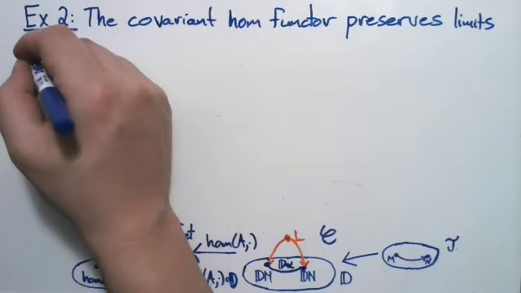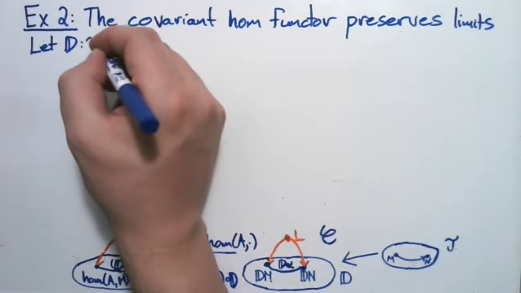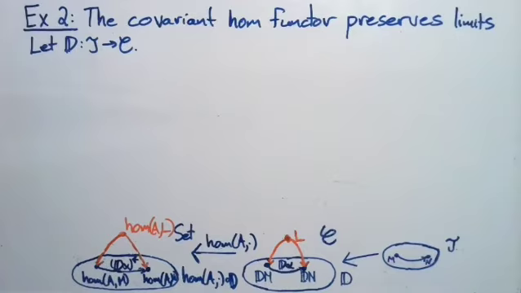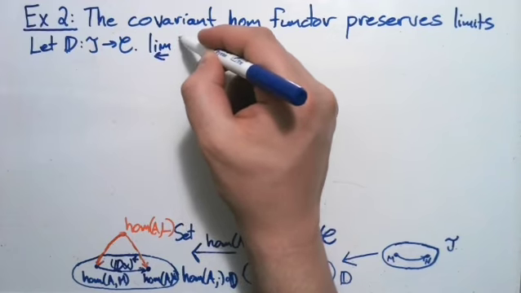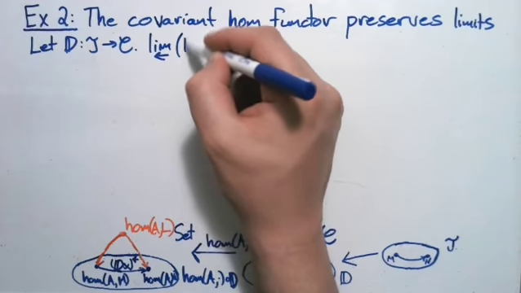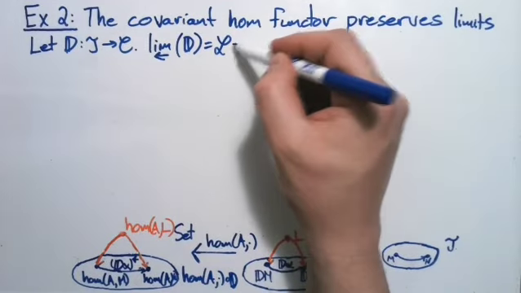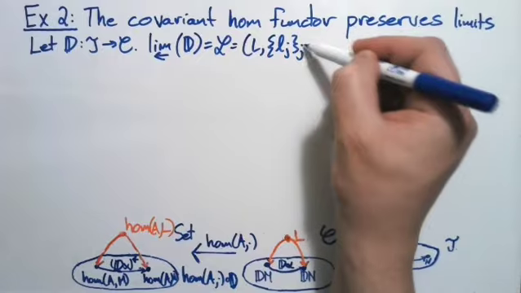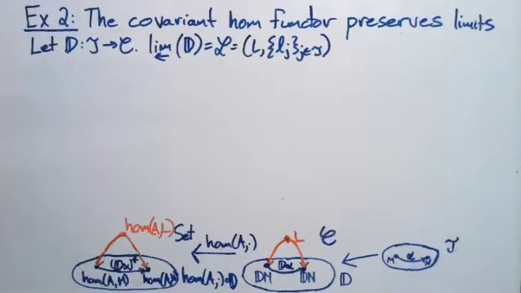So to prove this, let D be a diagram going from J into C, and suppose that the limit of D is L, which is here, consisting of L and the legs L_j for j in J. Now we need to show that this hom functor preserves limits.